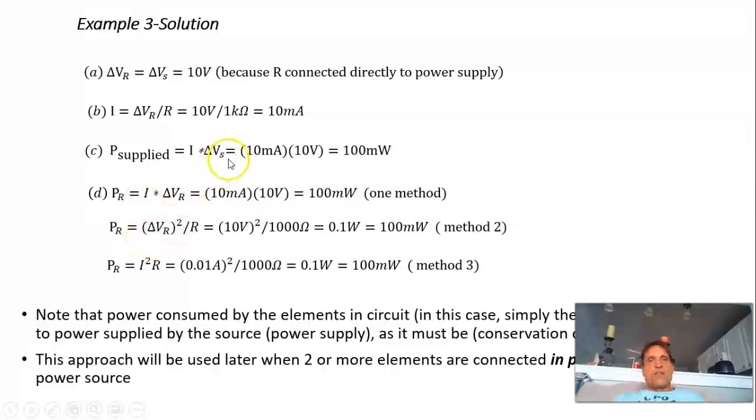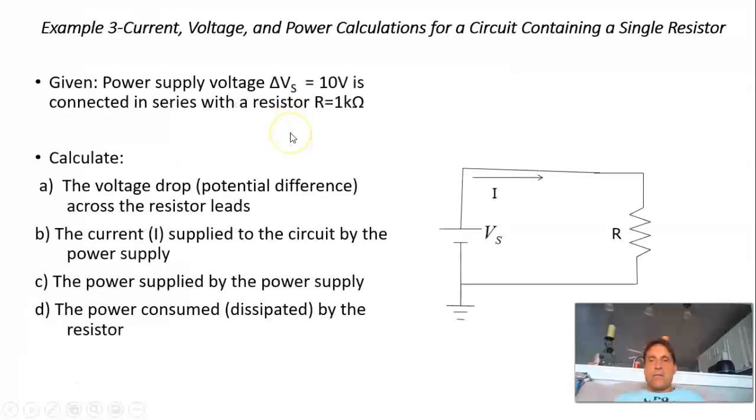This also illustrates one other point here. The current supplied by the battery depends on what's connected to it. So for example, instead of 1,000 ohms, if the resistance was 100 ohms, then the current would be 10 volts over 100 ohms, which would be 0.1 amp, which is 100 milliamps.